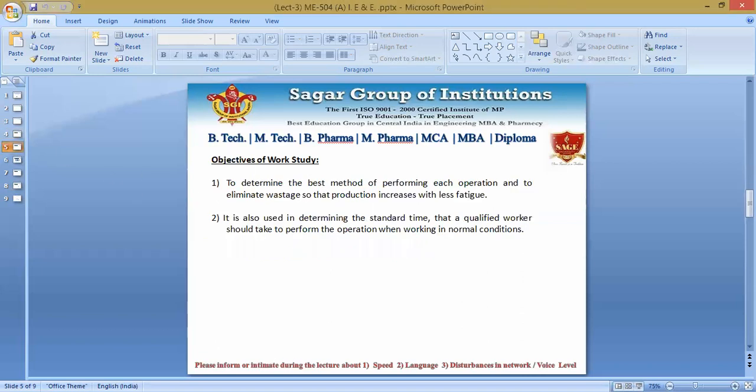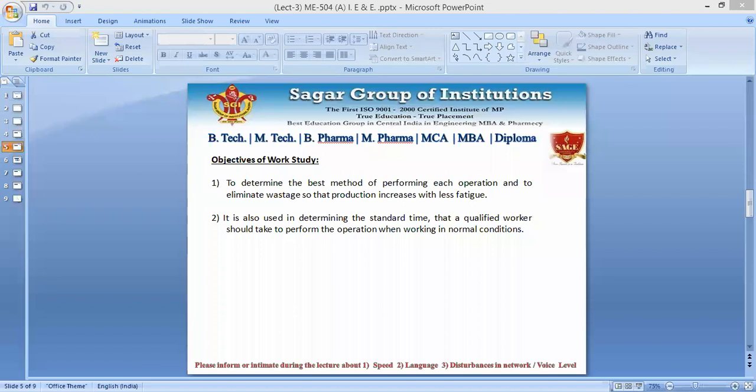Now let us discuss the objectives of work study. It has two objectives. The first one is we need to analyze the present method. We have certain existing methods through which we are fulfilling the job or production.